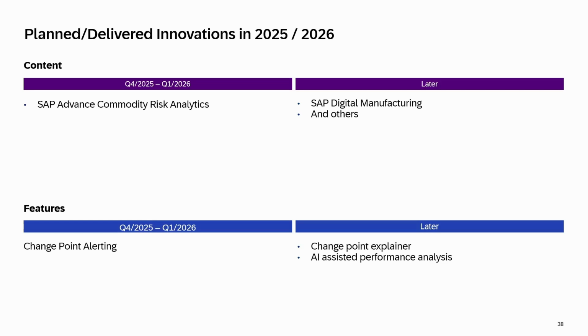We also plan a kind of change point explainer, because it's not always visible or self-explanatory why a change point occurred at this time. We also want to provide AI-based performance analysis.